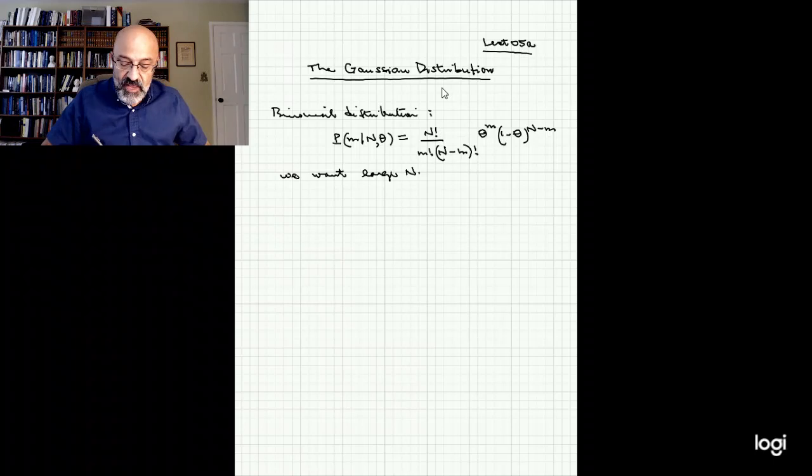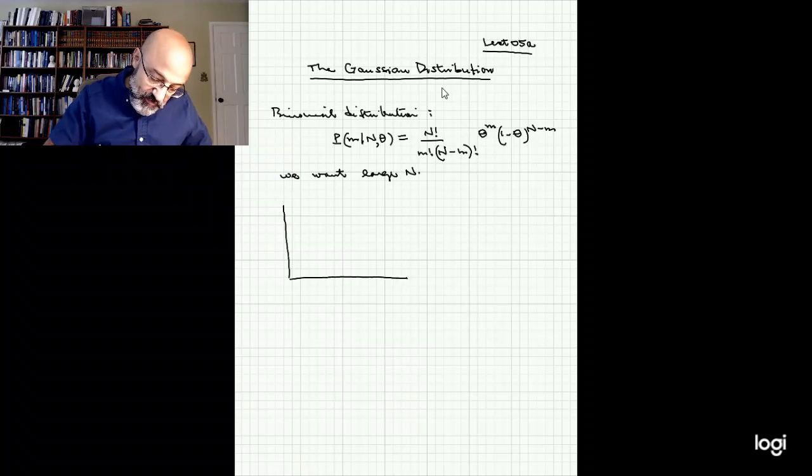What we saw was that the binomial distribution, if we're going to plot it, we plot here the probability of m, and this is the number m, and it goes all the way from 0 to n, and this is going to be some kind of bump.